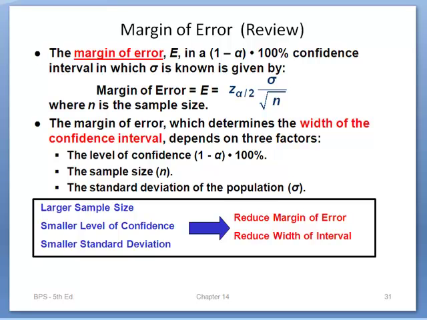And what we find out is the larger the sample size, the smaller our margin of error. With a smaller level of confidence, remember, our critical value will decrease. That will also reduce the margin of error, which will obviously reduce the width of the interval. And so these are ways that we can reduce the margin of error.